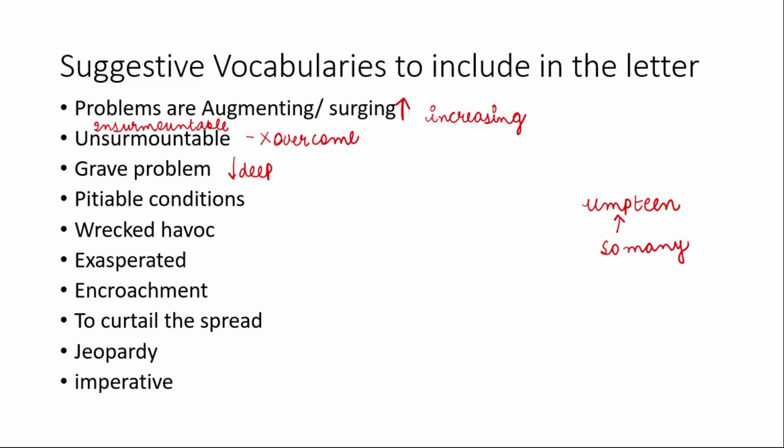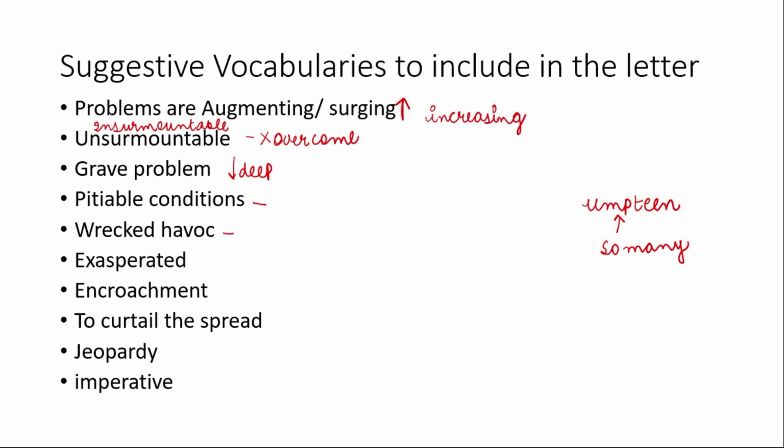We live in pitiable conditions. If it is a very bad condition, you can say we live in pitiable conditions here. It has wreaked havoc. If you are writing about a storm, that storm has wreaked havoc in our lives. Next is exasperated.